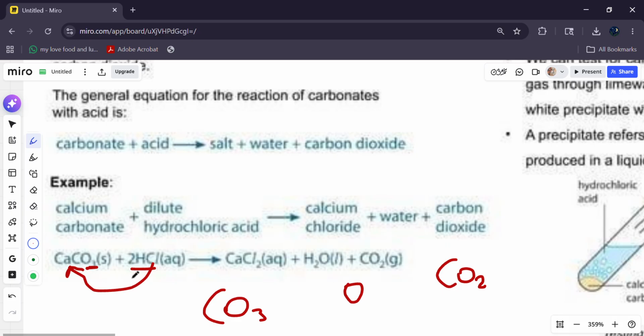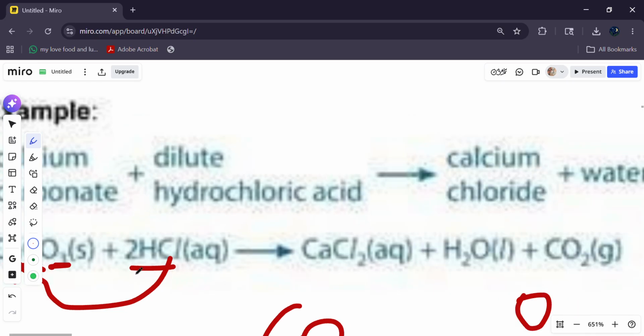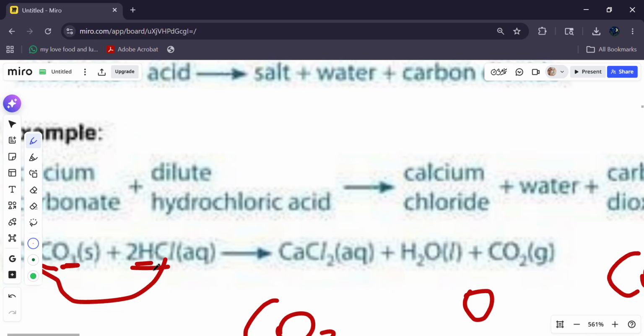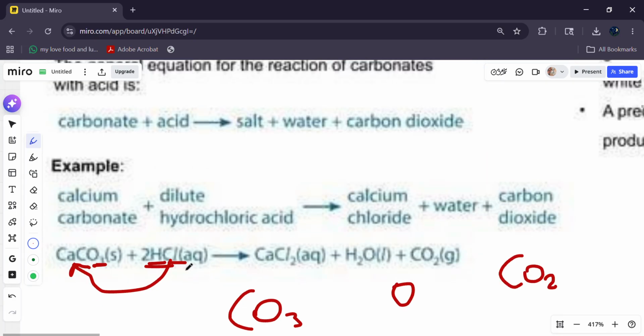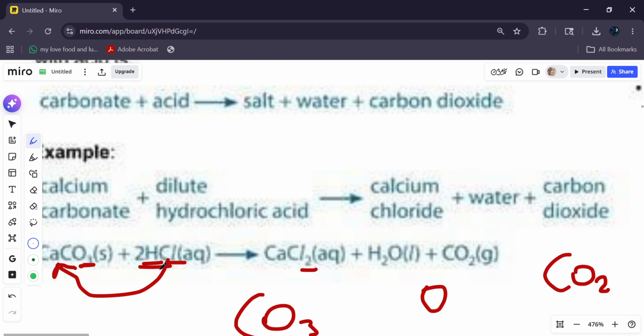And if you notice, there are two molecules of hydrochloric acid. That means there are two hydrogens and two chlorines. Now the two chlorines both go to the calcium, forming calcium chloride, CaCl2. But we are still left with two extra hydrogen.